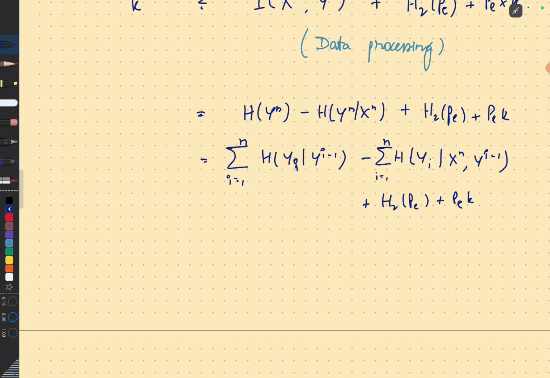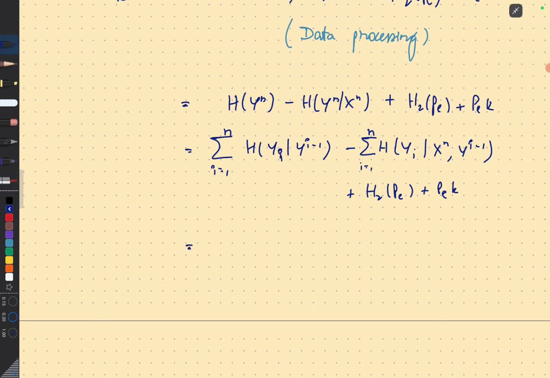Now I'm going to use the fact that this is a discrete memoryless channel to say that h of yi given xn and y1 up to yi minus 1 is equal to h of yi given xi. Alright.